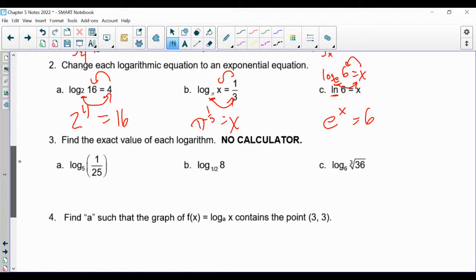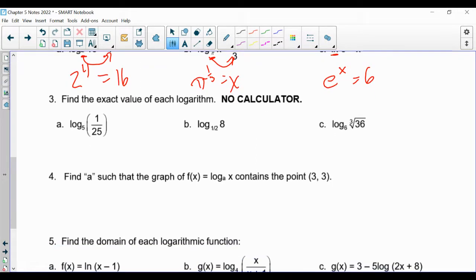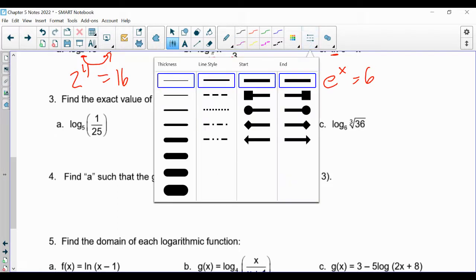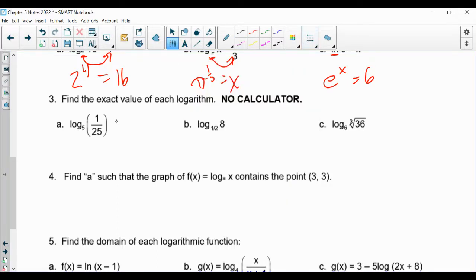But, all right. So now we're going to talk about how to solve, or how to simplify, logs in general. And then eventually we'll get to some properties that make this even quicker. So I don't know what this equals, so let's just say it equals x. Now we can do our little circle, and we could say 5 to the x equals 1 over 25.